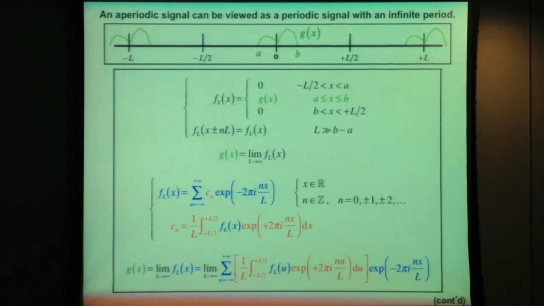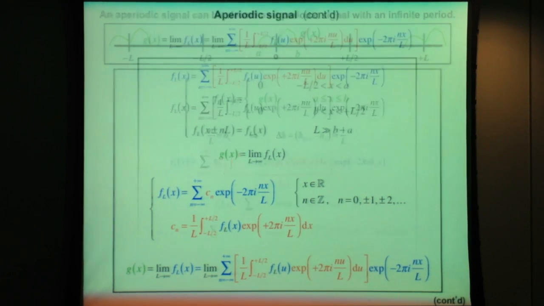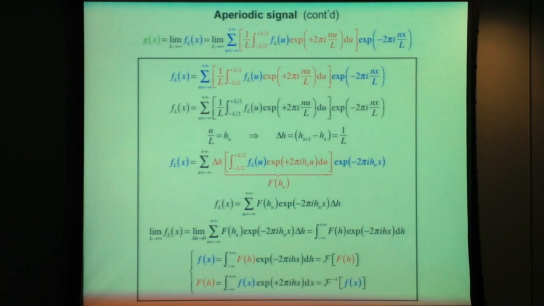So this is just the first half of what was on the last slide, and that's the second half of what was on the last slide. But we come down to this desired result. We now have the Fourier transform integral derived from the Fourier series expression for a periodic function with infinite period.